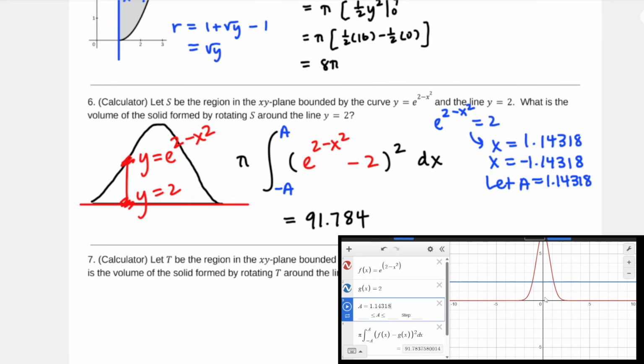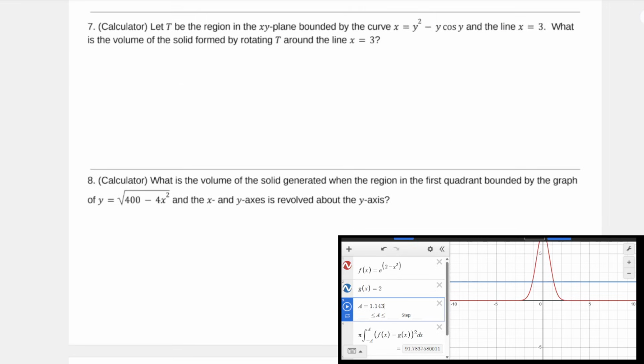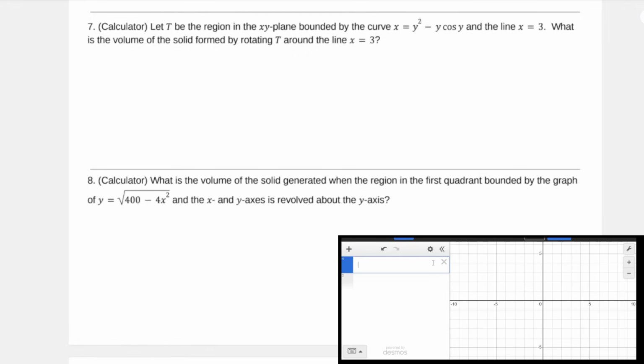Let's just see, it's 91.7837. Okay, no, that wouldn't have mattered in this case, but I have seen situations, especially with volume, where it produces large numbers, where it can mess with you in the last decimal. But that's the nice thing about Desmos, it lets you store the numbers very easily, so there's no point in even taking the risk.